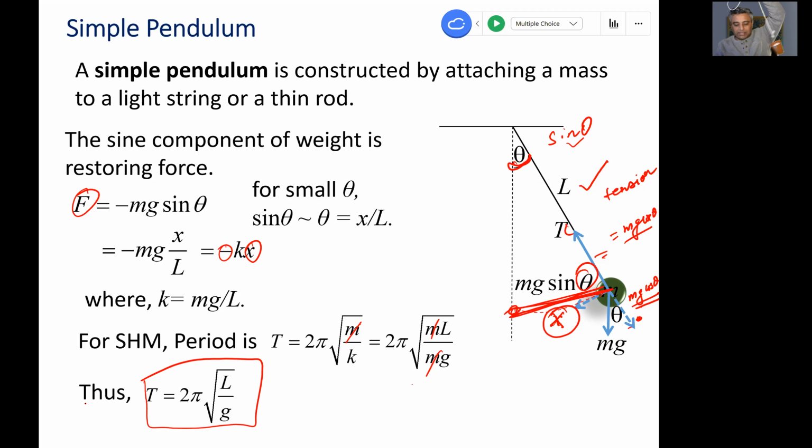So what it is saying is, although the period for the mass spring system depended on mass, for the pendulum, it does not depend on mass. Whether you put larger mass or smaller mass, the period is the same, but it depends on length. So for example, if I have a very short length, it goes quicker.